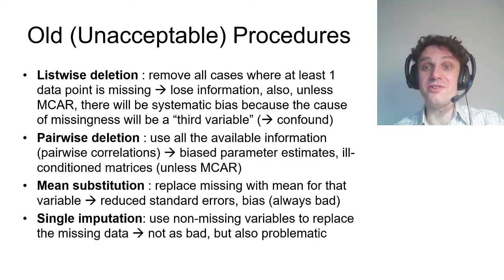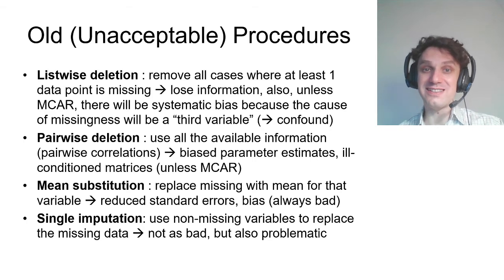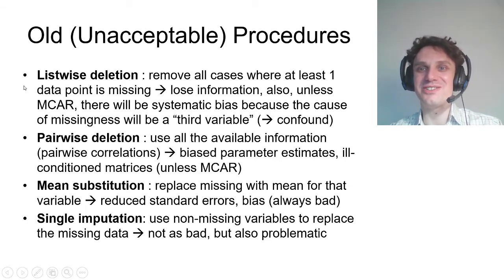So what are the approaches that we can use to deal with missing data? There are some procedures that are really bad. And the bad news is that in SPSS, they are often available by default. SPSS proposes to us a choice between listwise deletion and pairwise deletion.